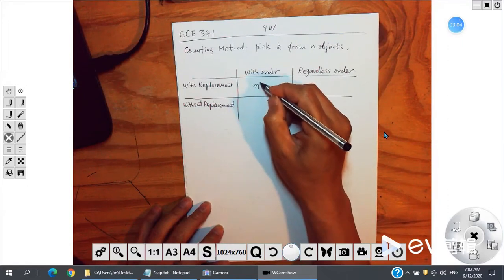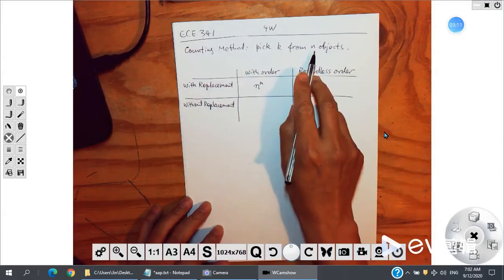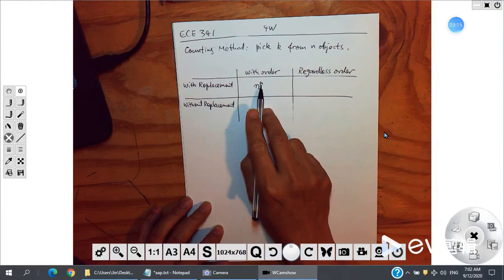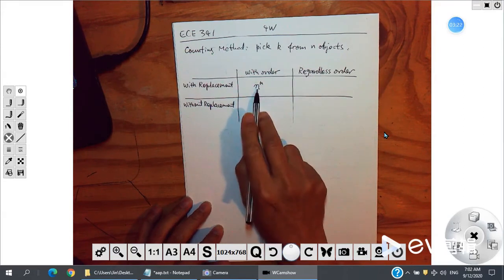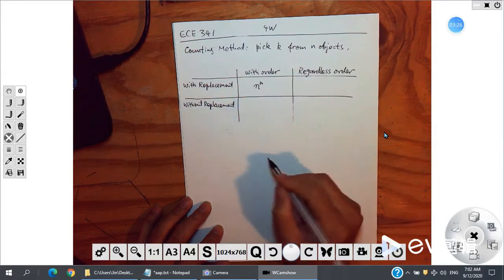This is n to the k. Every time you have n objects, you have n choices, and totally you need to pick k times. So n times itself, k of n together, so n to the k.